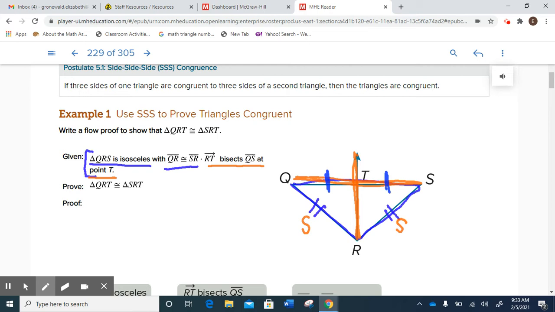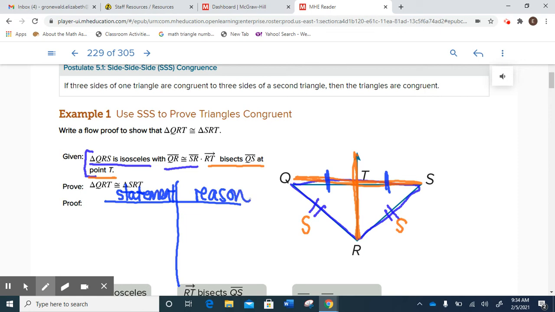All right, so we're going to go ahead and put this in a two-column proof with what we know so far. In a proof, you always start off with a table like this with your statement and then the reason. Statement and reason.